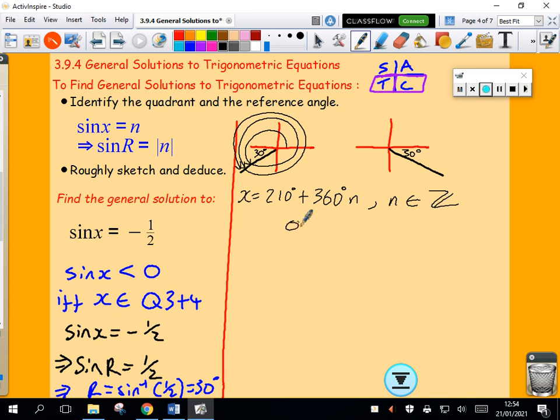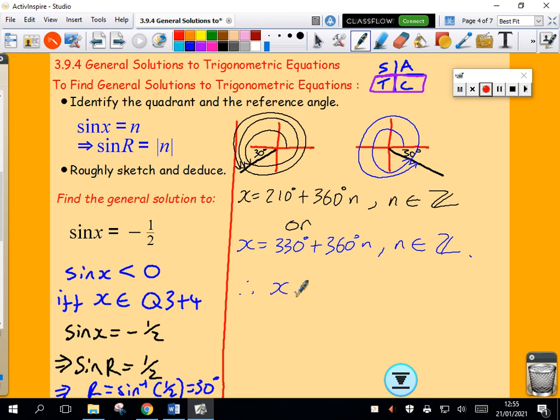That's in quadrant 3. In quadrant 4, let me put this in blue. Let's think about quadrant 4. Going around here, in quadrant 4, that'll be 30 degrees short of 360, which is 330 degrees. But again, if I add any multiple of 360 to that, I'm back to that same terminal side. So 360 degrees times n, where n is an integer.